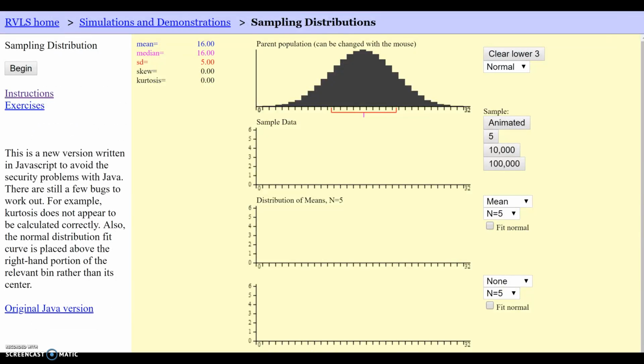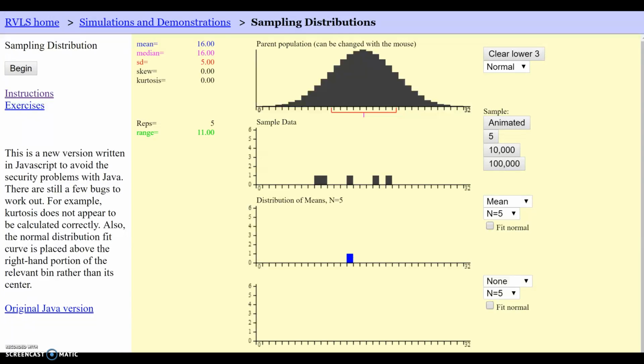So let's pretend that our data from the very beginning is normal. I think I did the simulation before, but I'll go ahead and do it again. From our original population, we're going to get a total of 5 samples. I grab them here, you can see that it's sample data, and here is our parent population.